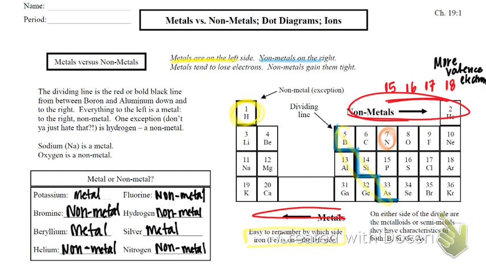So they call those metalloids or semi-metals. Your paper might also say transition metals, but that's what they mean. The whole middle chunk from 3 to 12 is categorized as transition. But the ones that are on the stair step are those semi-metals. Okay? Any questions about the metal, non-metal part?